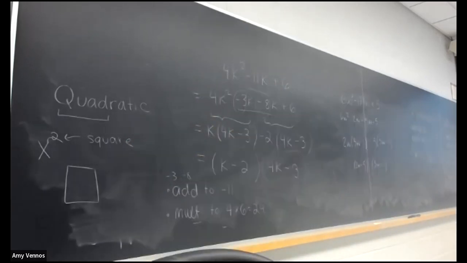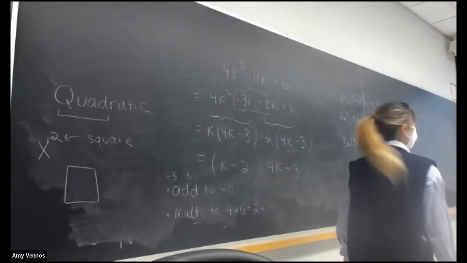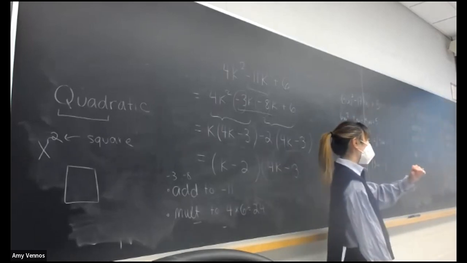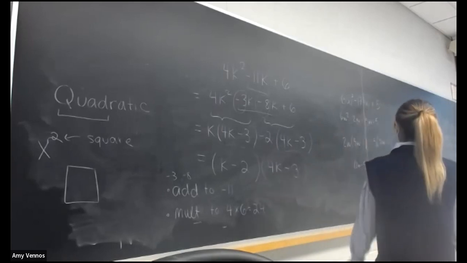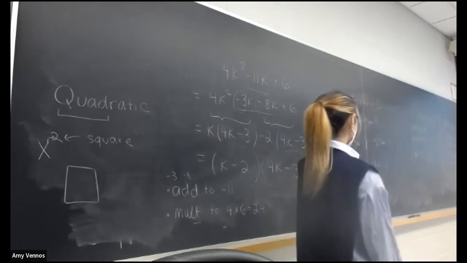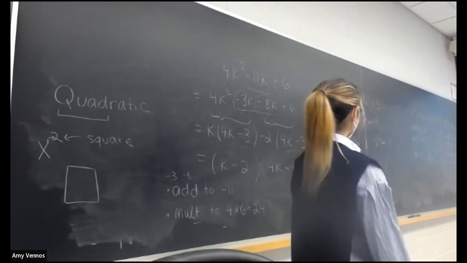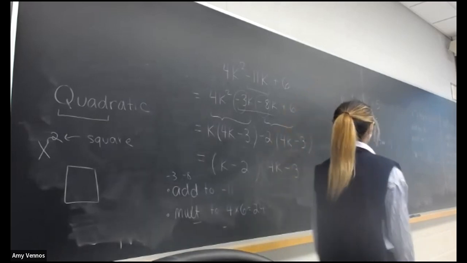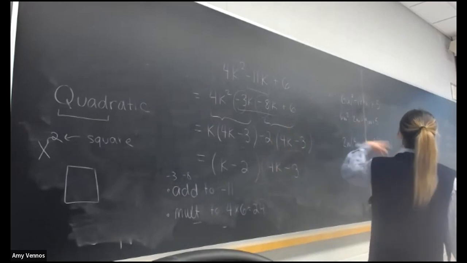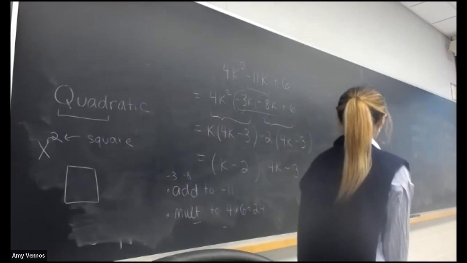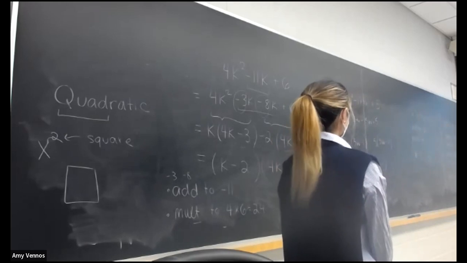I'm actually going to have us come back together real quick. So I'm forgetting your name. Nathan. I got Nathan to write up his answer on the board. I think he did a good job of finding two numbers that added up to B and multiplied to A times C, and factored by grouping here.